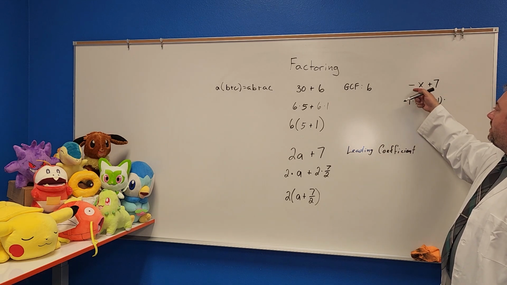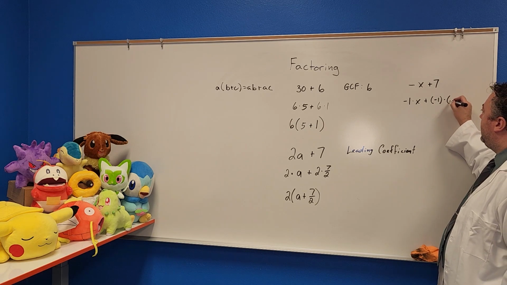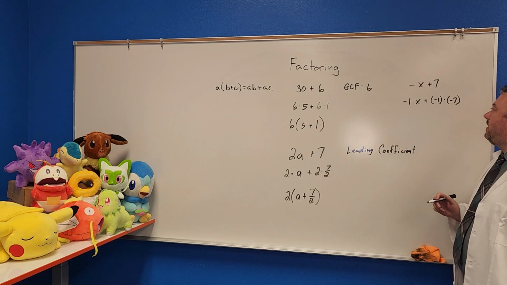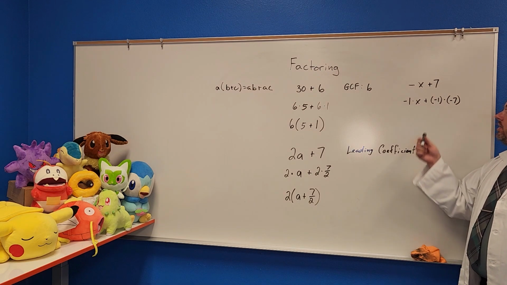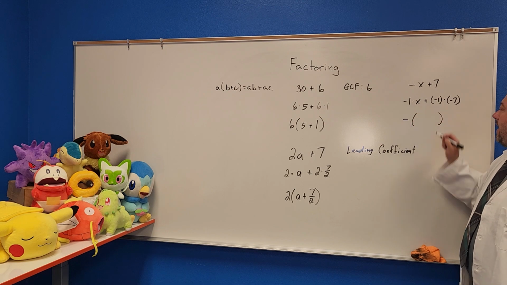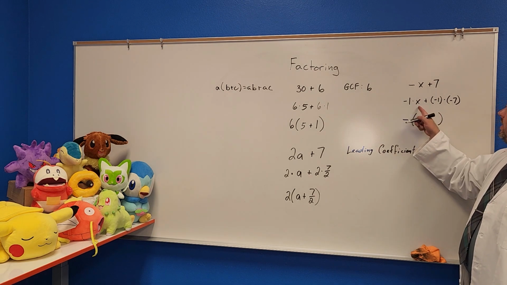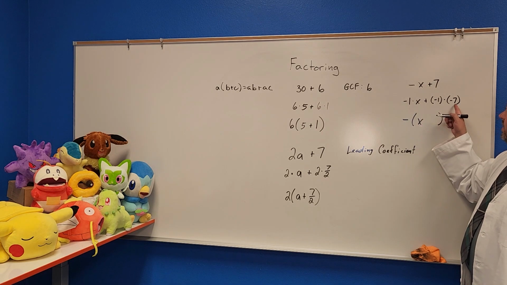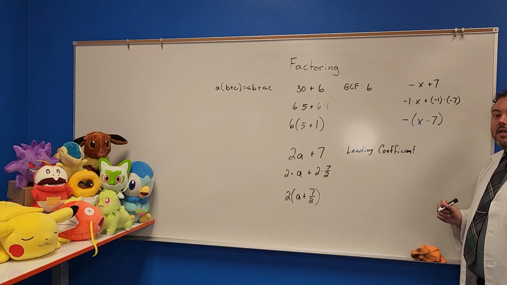So -1 times x makes -x. -1 times -7 makes a +7. So now, if I factor out that -1, I pull that negative out in front of the parentheses, I get x, that's the factor that moves down, and now -7 comes down to make negative times x minus 7.